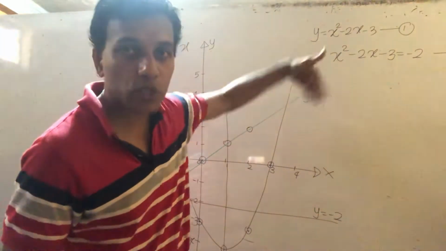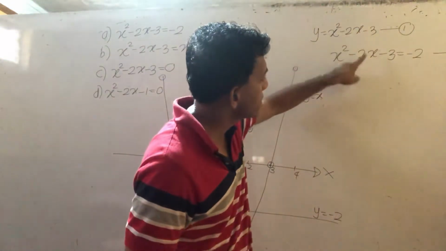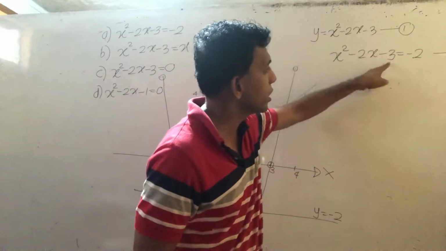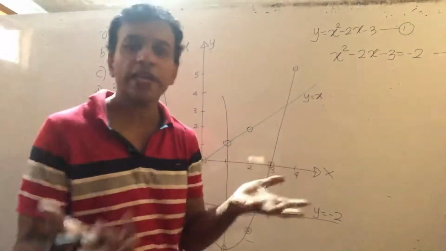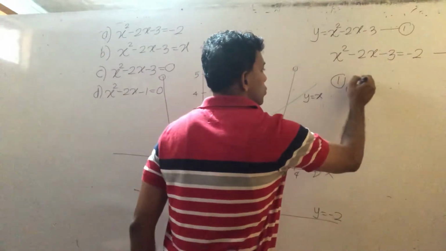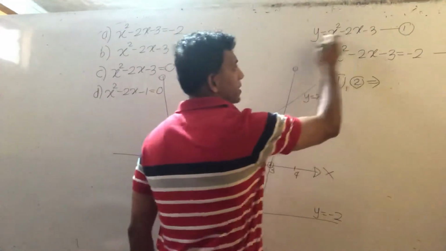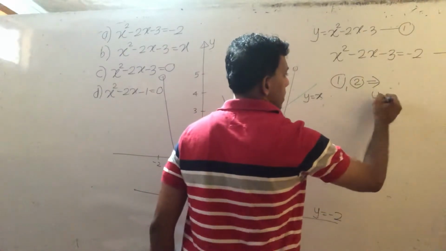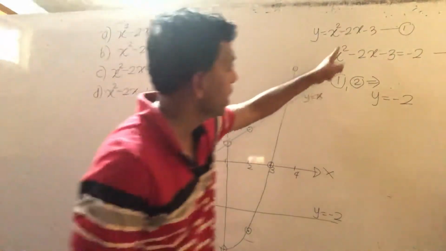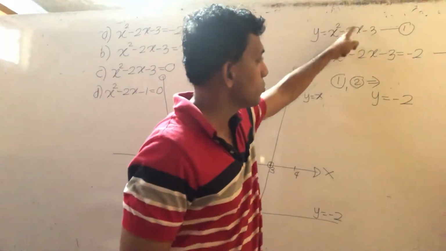Okay, try to remove the x square. Here it's simple. See, both are the same equation, so 1 and 2 are equal. What can we deduce? Y equal minus 2. Y equal minus 2, and this is x square minus 2x minus 3, the same here, so both are equal.